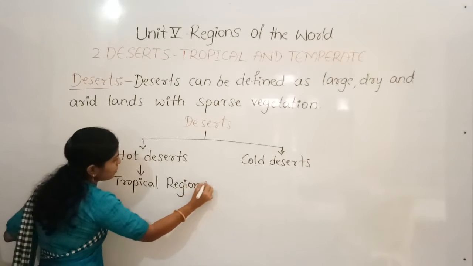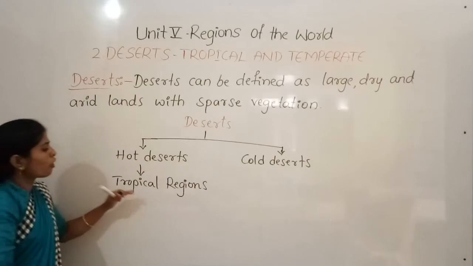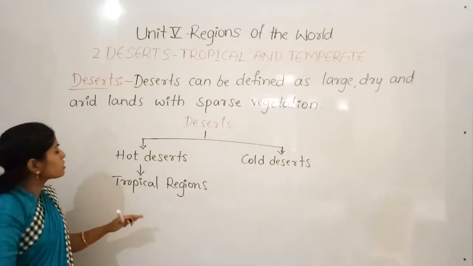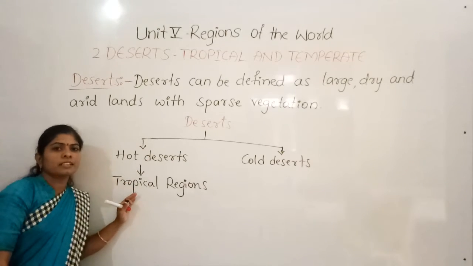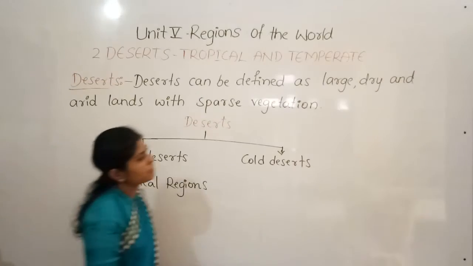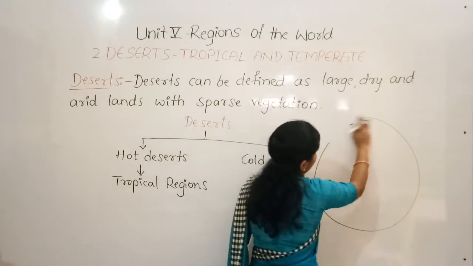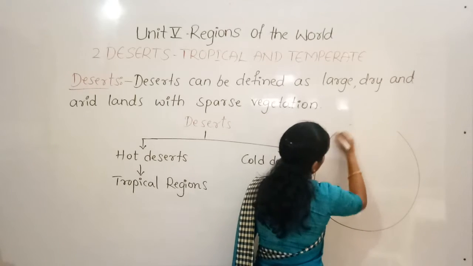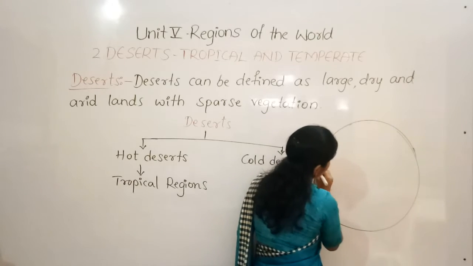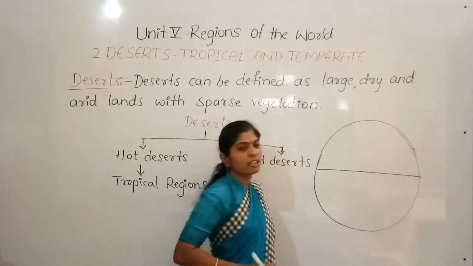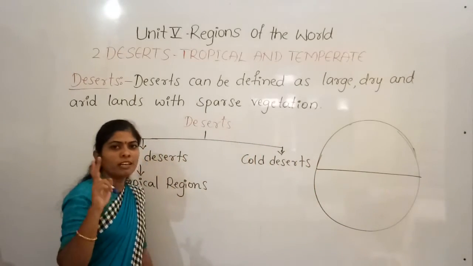The deserts found in tropical regions are called hot deserts, because we know where the tropical regions come. Suppose this is the earth, and this is the equator, which divides the earth into two equal halves.